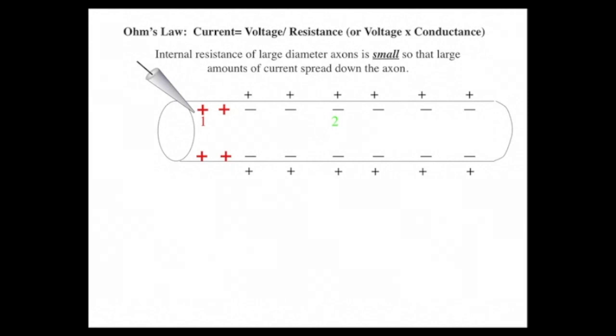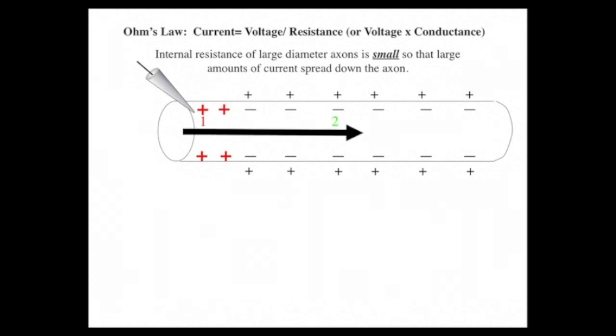So by Ohm's law, the current that flows down this axon should be equal to the voltage divided by the resistance of the axon, or the voltage times the conductance, whichever you want to look at it. But the internal resistance of a large diameter axon is small, so that a large amount of current will spread down the axon, as shown here, simply by Ohm's law.